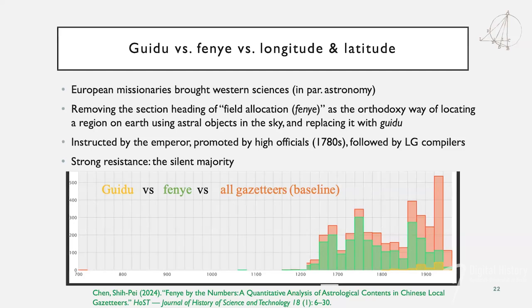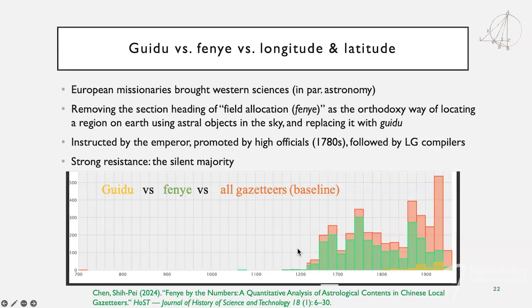The emperor himself will die someday, but local gazetteers will survive throughout time. We can still see them today. And so it is culturally very important for the local literati to keep these section headings. They don't say that they reject it, they simply keep it. And they didn't install the new 纬度 section. And this is an implicit rejection already.